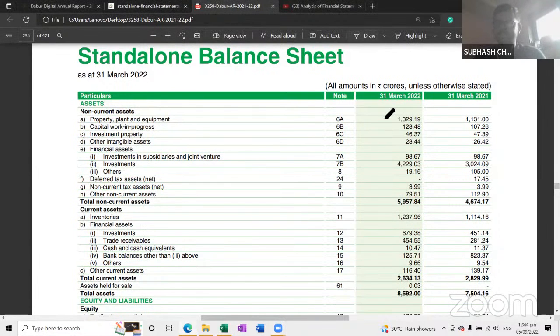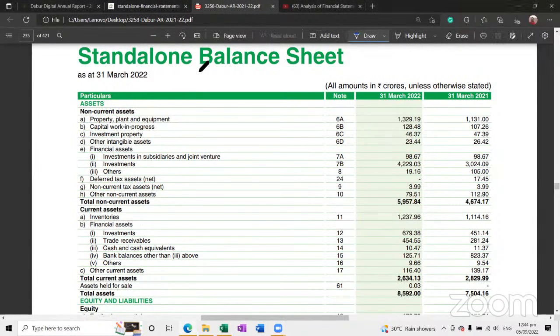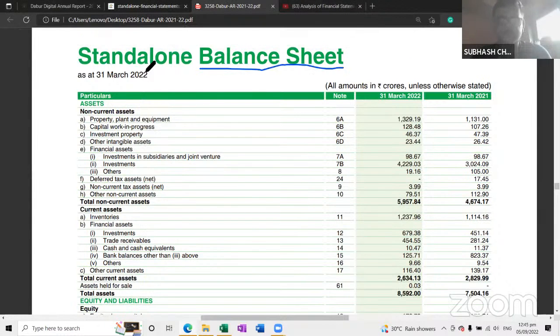Yes, everyone. This is the simple balance sheet as on 31st March 2021. And see, similarly, first the current year's data is given as well as last year's data is given, so we can do the comparison.